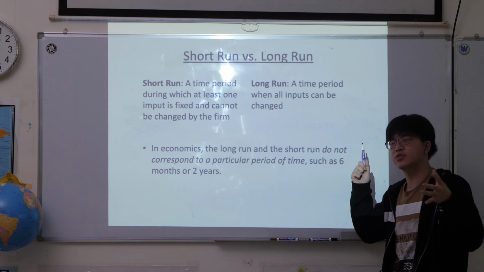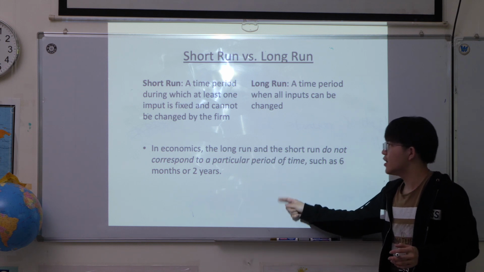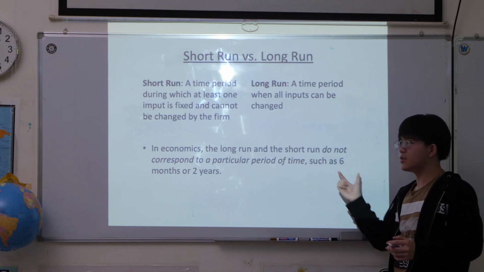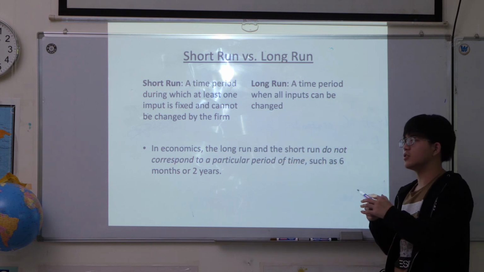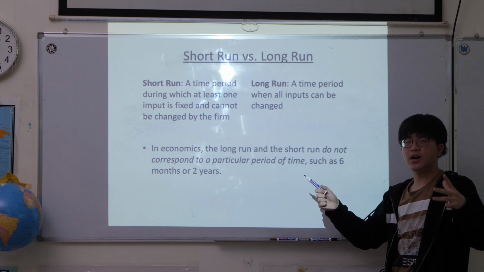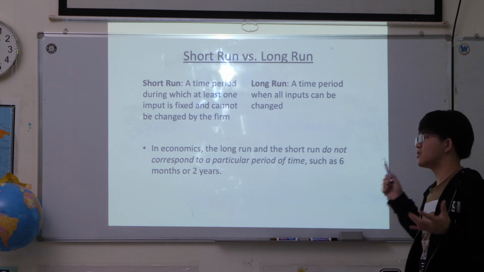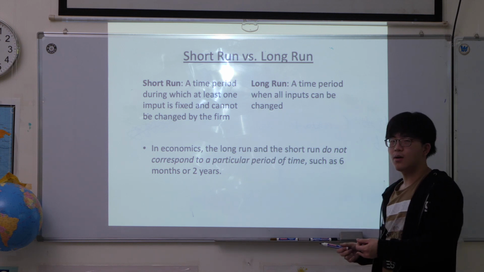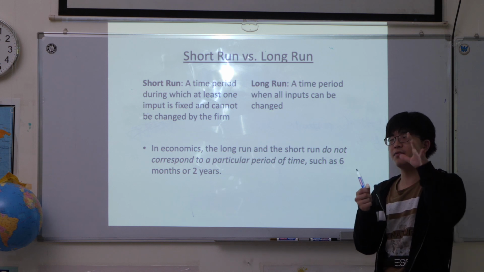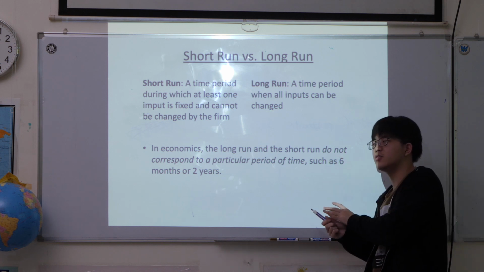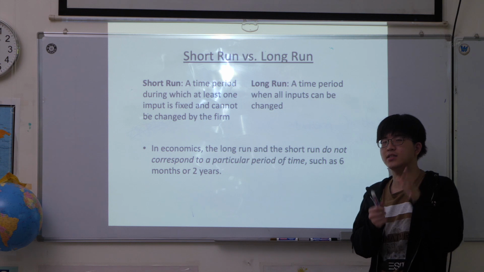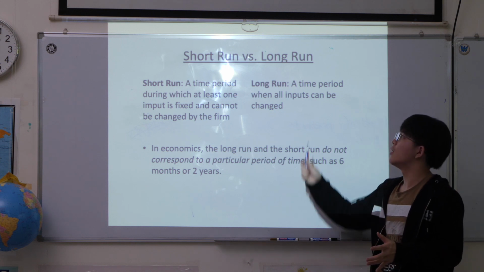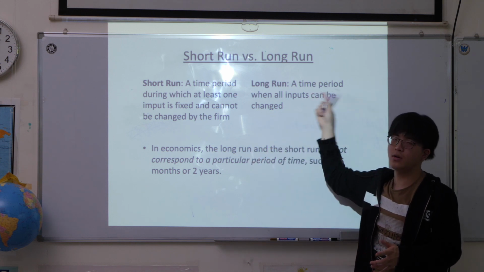However, it is not true. As I mentioned here, the difference between the long run and the short run is not related to how long the time is. What you need to know is which factors are fixed and which are changed during the time, and this is the deciding factor of the short run or long run.